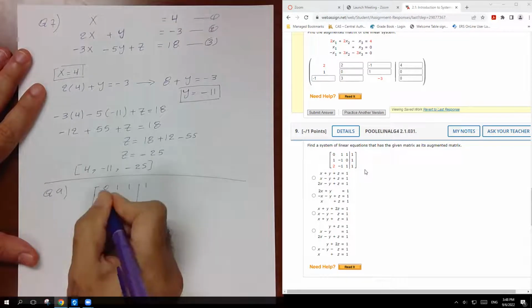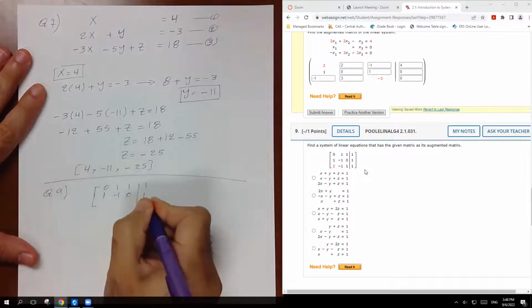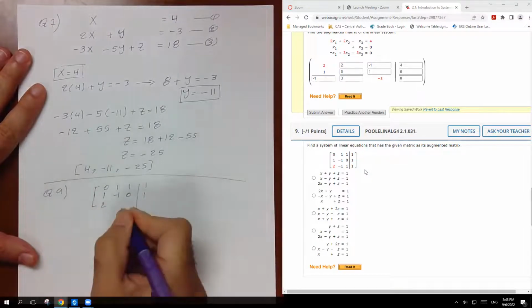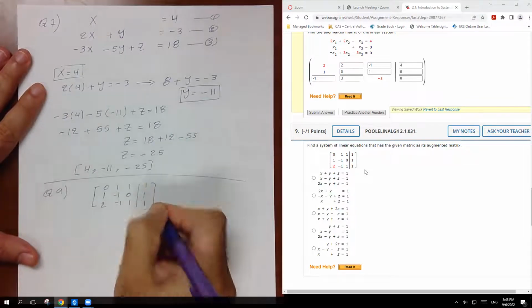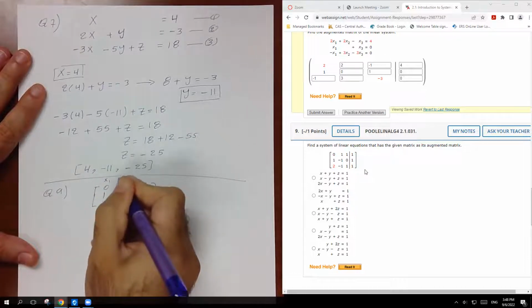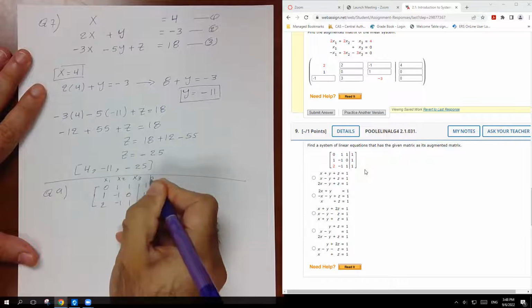The second one is 1, negative 1, 0, 1. And the third one is 2, negative 1, 1, and 1. So here is the system. That means here is x1, this is x2, and here is x3, and this is the constant b.